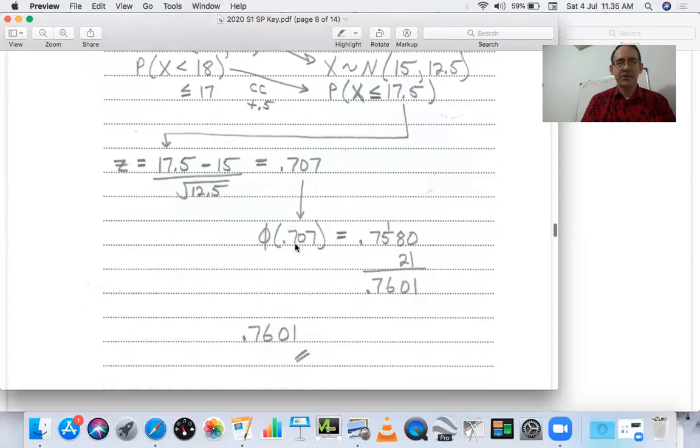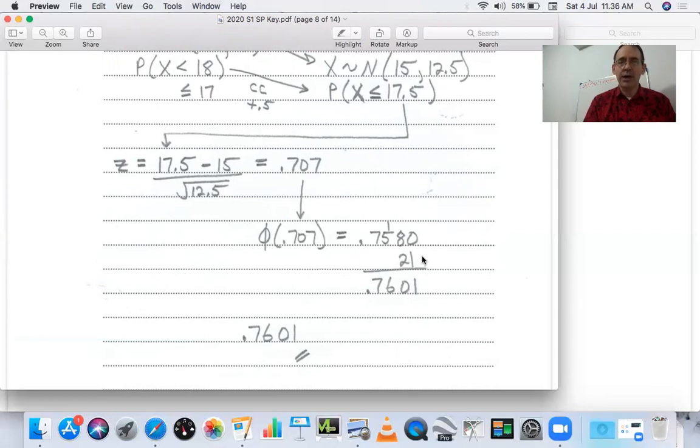That's our z number. So we look that up in the phi z chart. When you look up 0.7 on the left column cross-referenced with the 0 on the top row, it gives you 0.7580. And then when you look at the 7 in the right column, it says to add 21. Again, I didn't put the plus sign here.